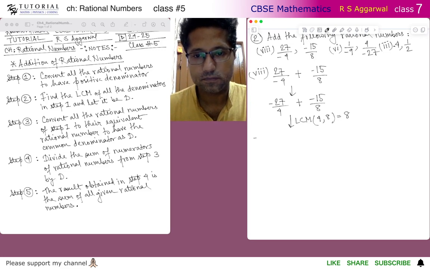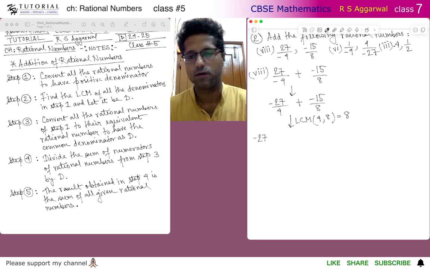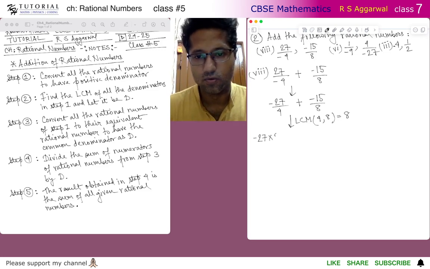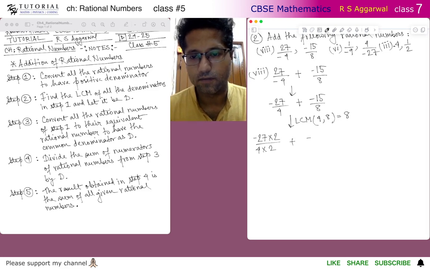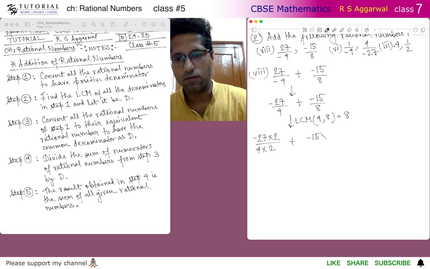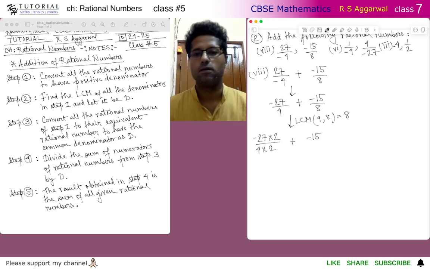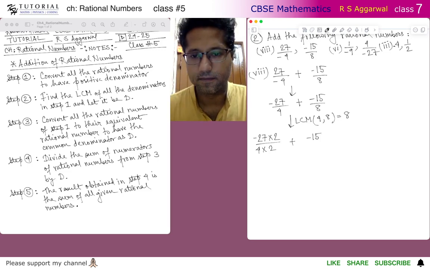So for 27 by 4, we have to multiply both the numerator and the denominator by 2. Then we will have 8 as the denominator. Sorry, the second one need not be multiplied by anything, because the denominator is already 8.